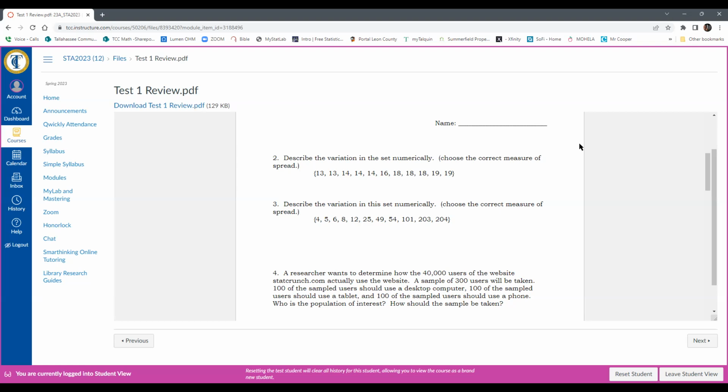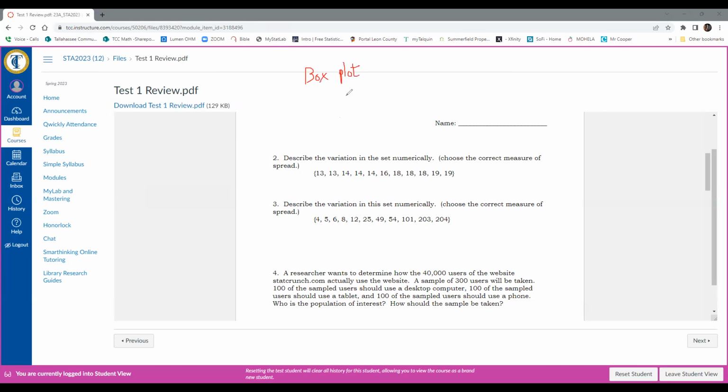Let me use my pen. Where's my pen? Okay, right here. So what I can do here is use a box plot to describe it.